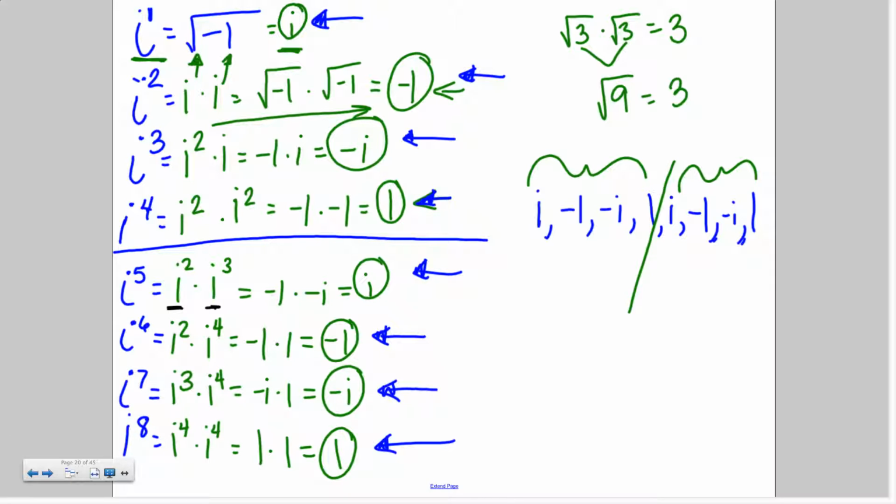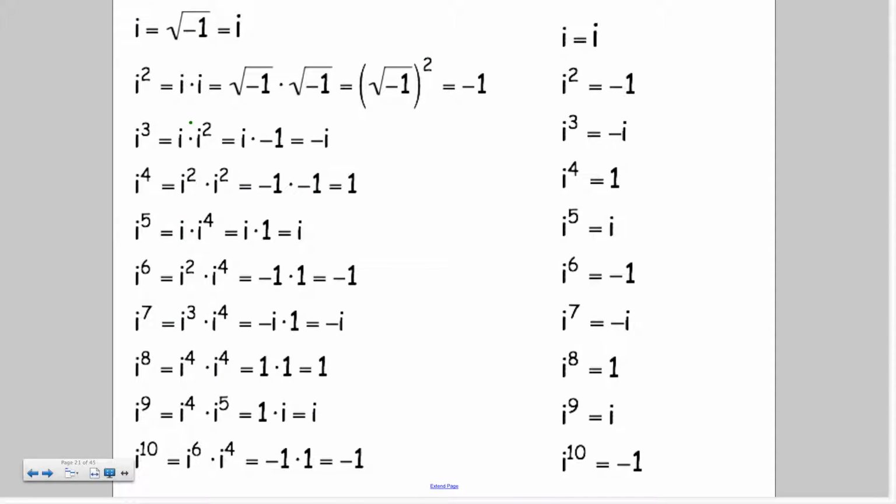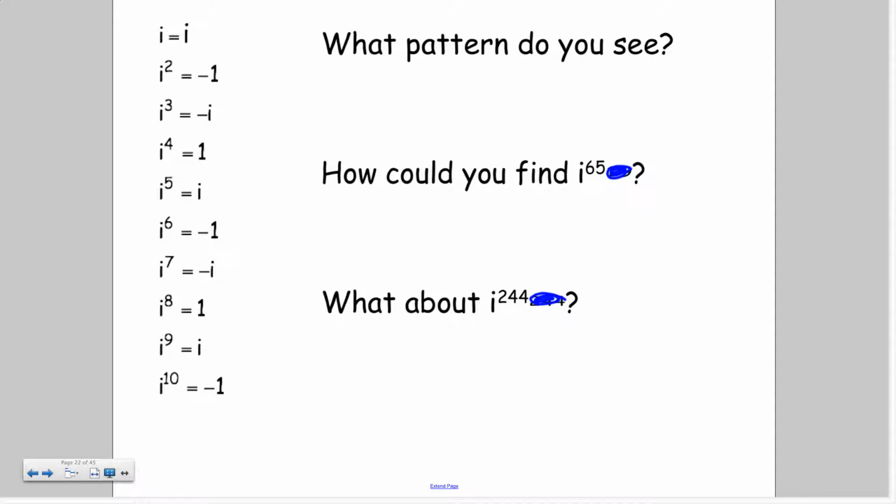A good way to remember this pattern is it is I, 1, I, 1, but the ones in the middle are negative. So go ahead and turn your page, and you'll see it there again, but I was explaining what was going on. You can look back and forth at this as you need it throughout the rest of this time.